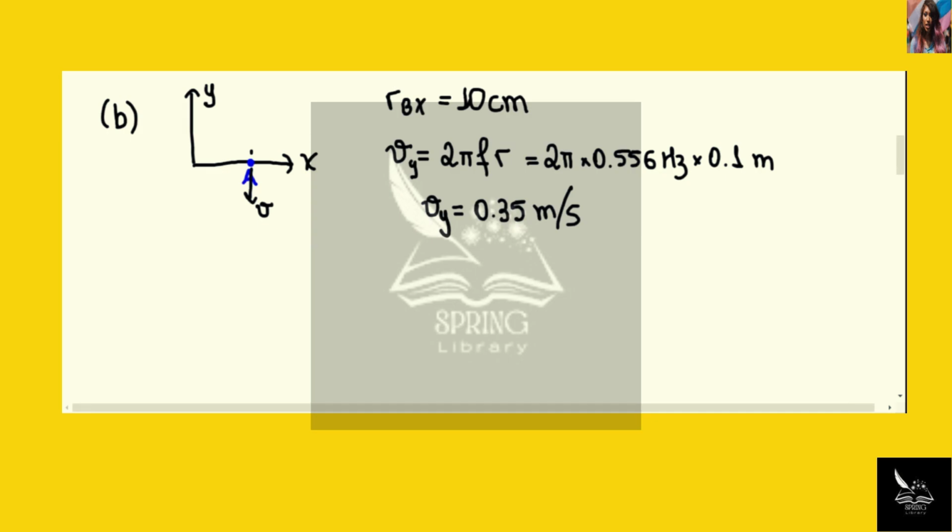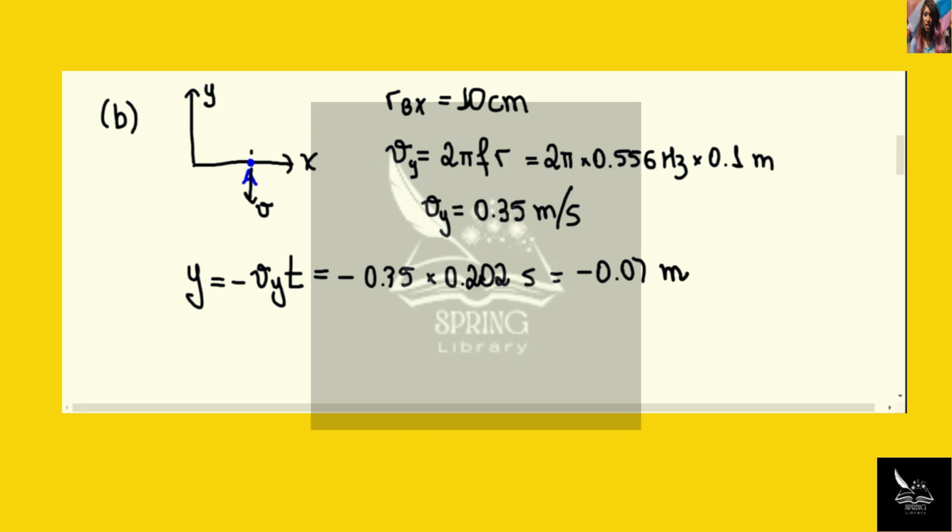But it's pointing in the negative direction. So y is equal to minus vy times the time t, and we already calculated the time it takes for the flea to complete its jump. So this is minus 0.35 times 0.202 seconds. So this is minus 0.07 meters.